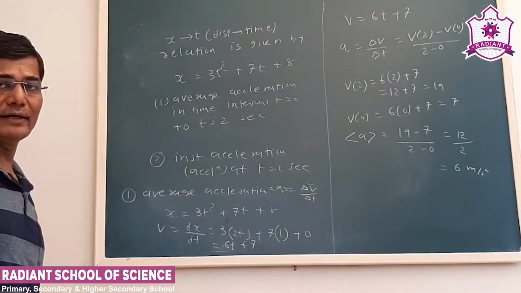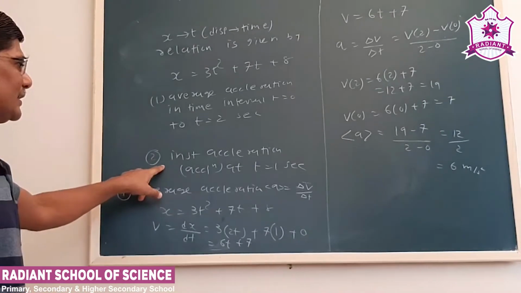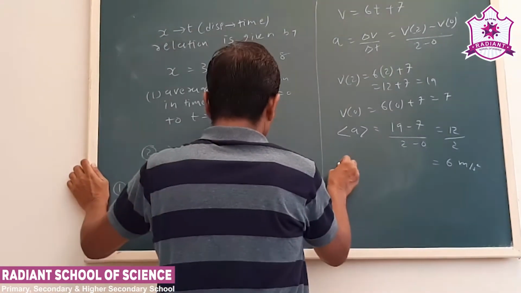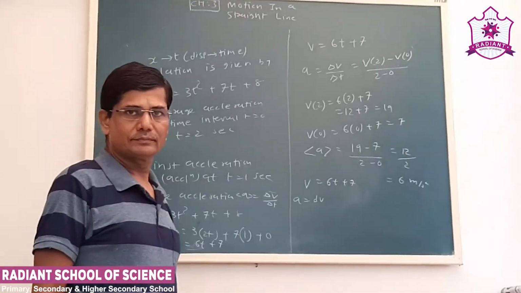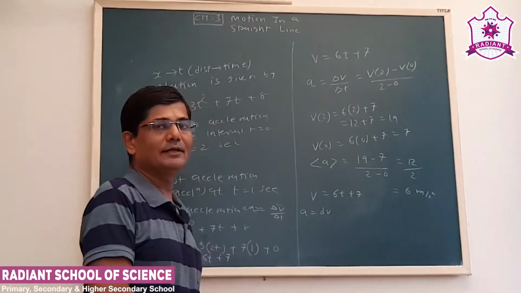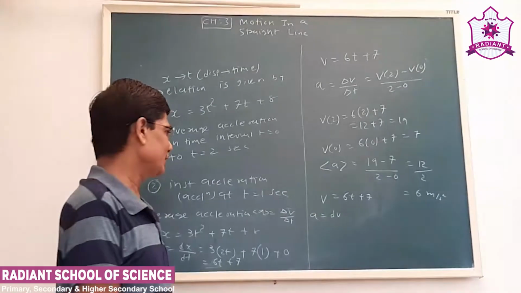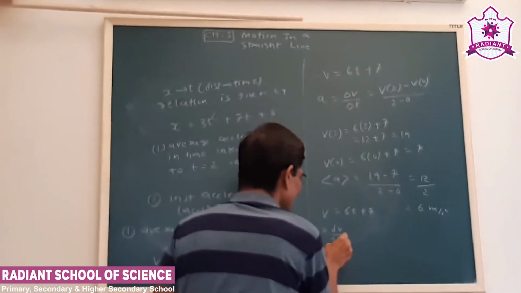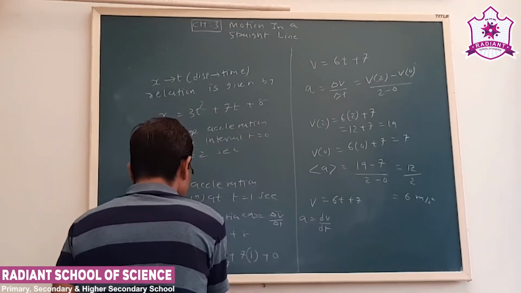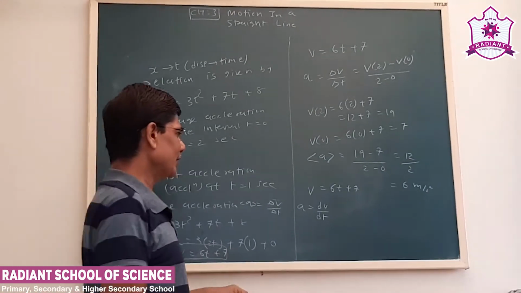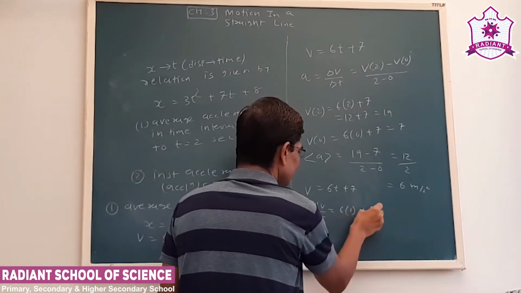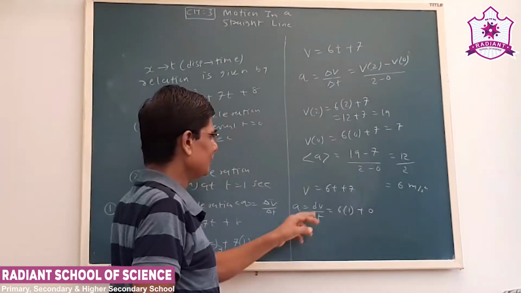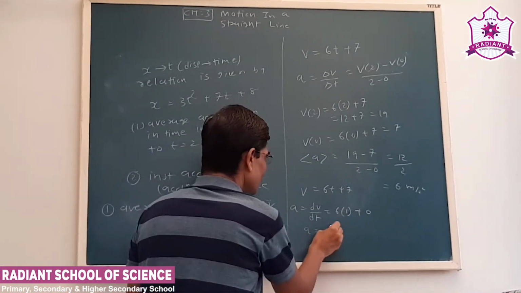Now next we have to find out the instantaneous acceleration. Now see here the equation v is 6t plus 7. The time rate of change of velocity is acceleration. So we have to take the derivative of the equation of velocity that we have obtained earlier. Here the derivative of t is 1, and 0 for 7, because 7 is a constant term. So A is equal to 6.